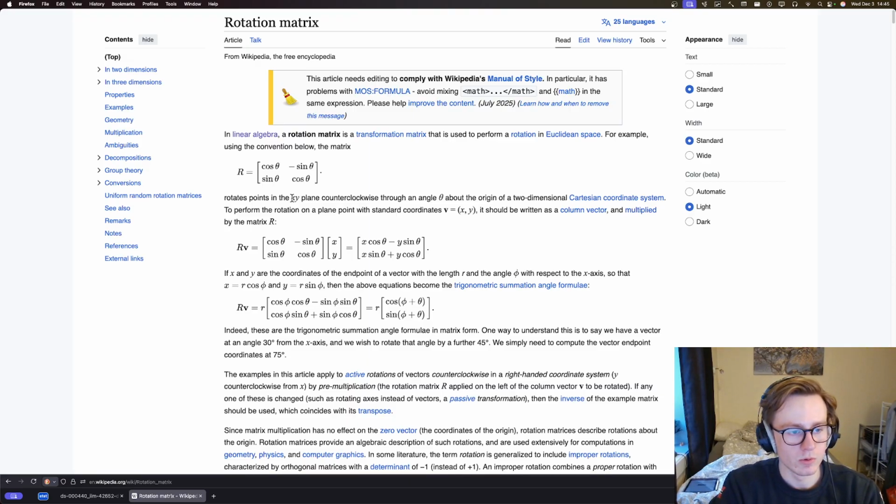Like we don't even quite want this, because this is an actual rotation. We don't want that. We want the components in each.